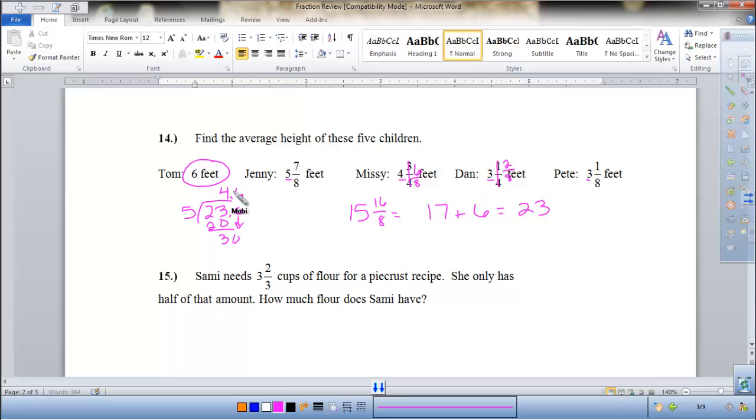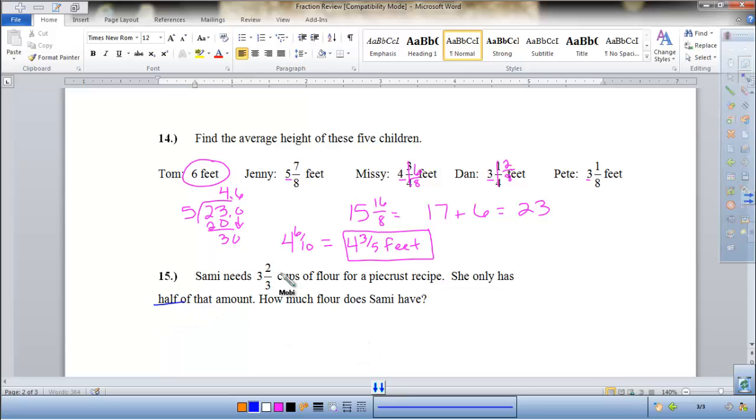Now, since we had all fractions, we should make this a fraction. So 4 and 6/10. And when I simplify that, I would get 4 and 3/5 feet for my average of the 5 children.